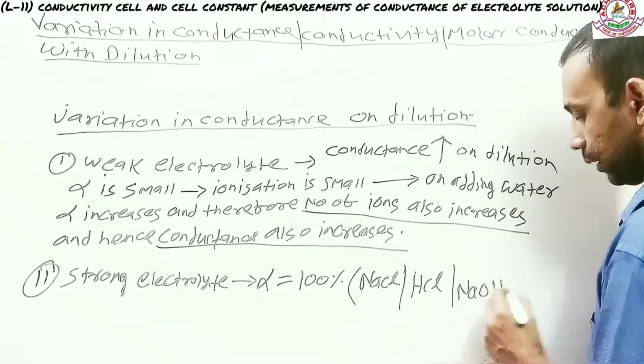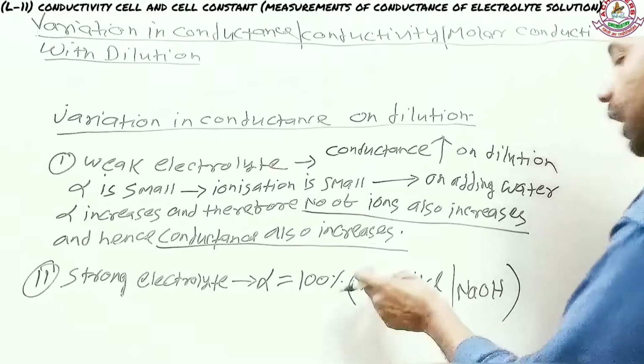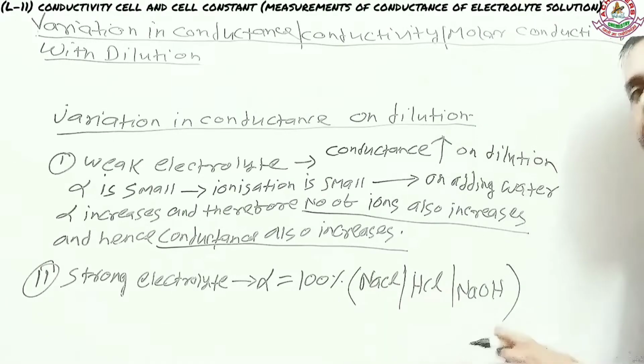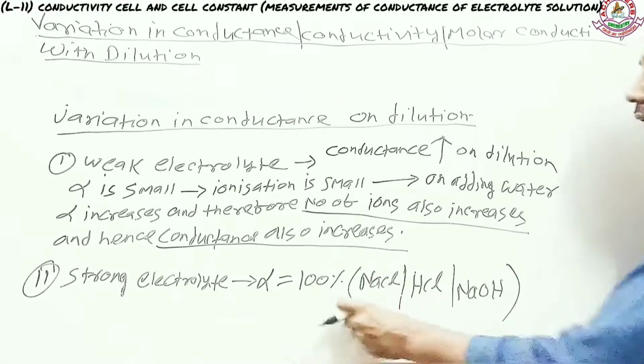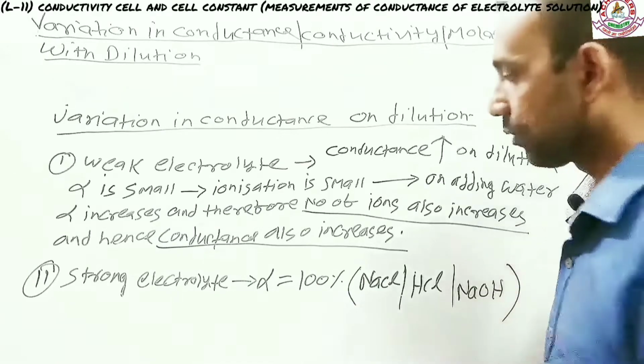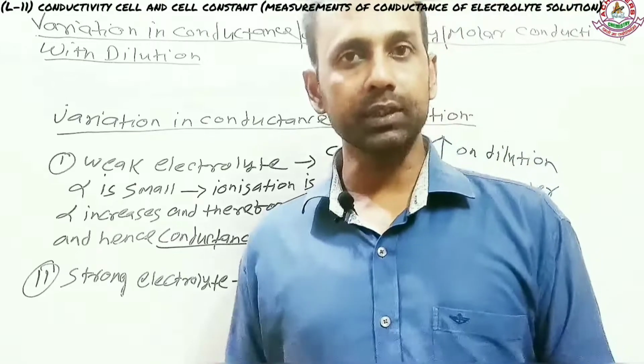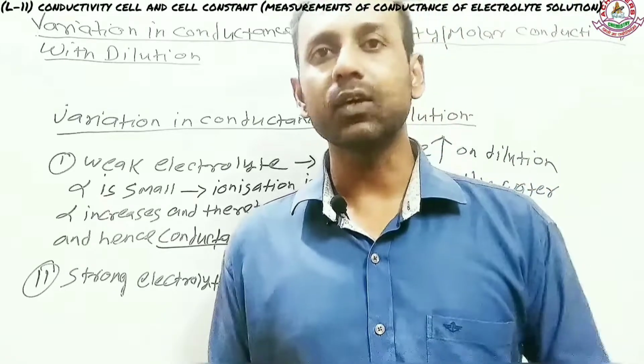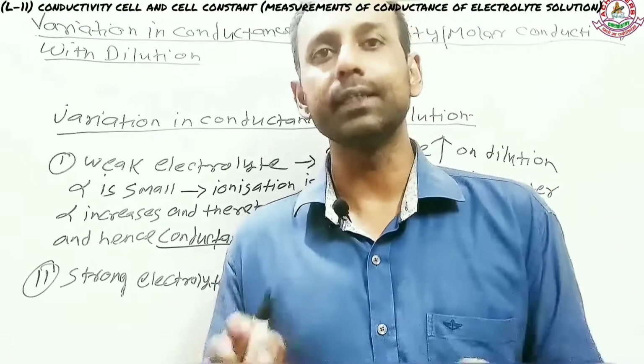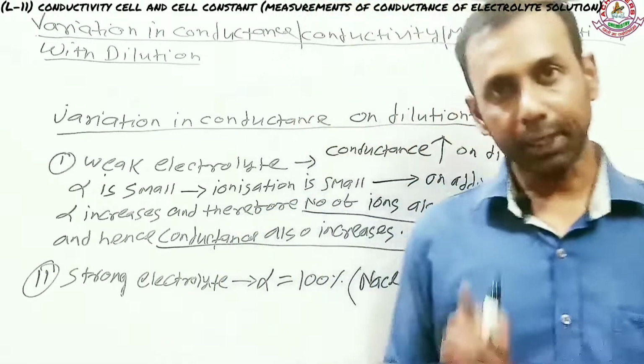I'm not taking so many examples here. So what happens if you add these salts, these substances, in water? They completely ionize and produce 100% ions. So if you dilute the solution, there is no increase in the ionization because you cannot increase anything beyond 100%. I repeat that.